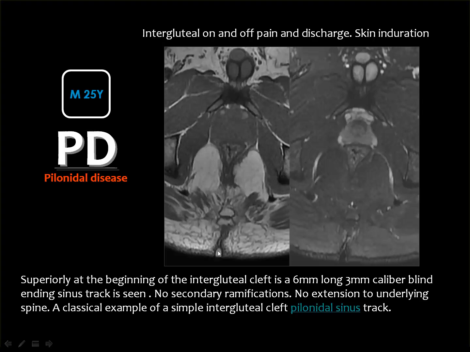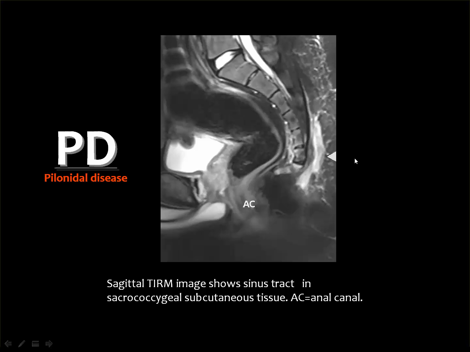But if you got just inflammation without a tract, this is known as pilonidal disease. As you see here in the sagittal T2 fat suppressed image, there is inflammatory granulation tissue subcutaneously posterior to the sacrum in a classic position of pilonidal disease.